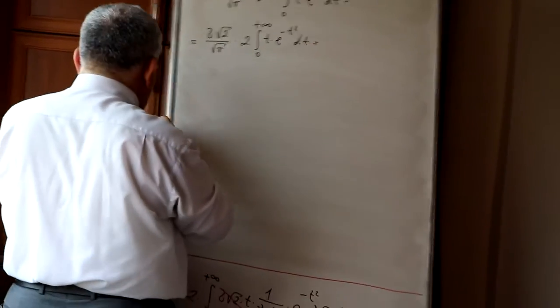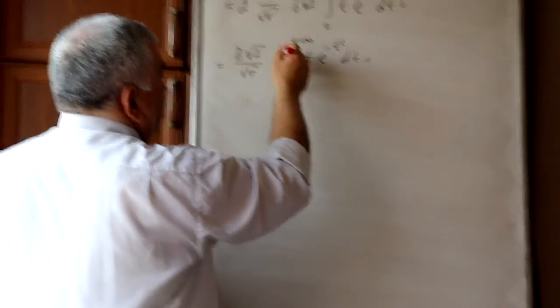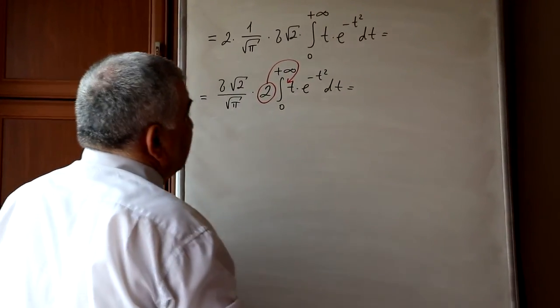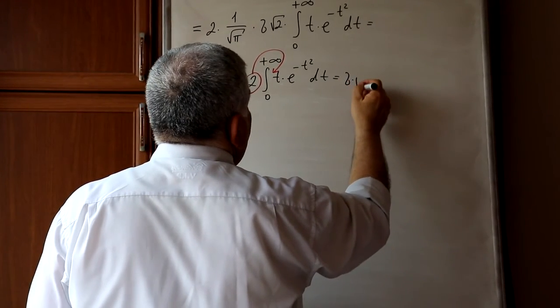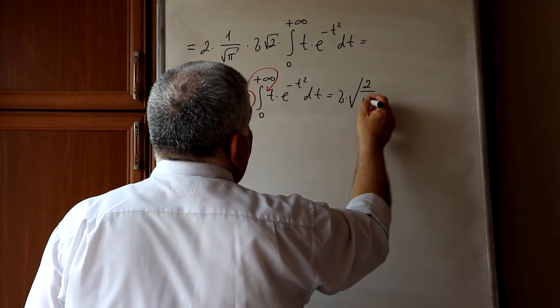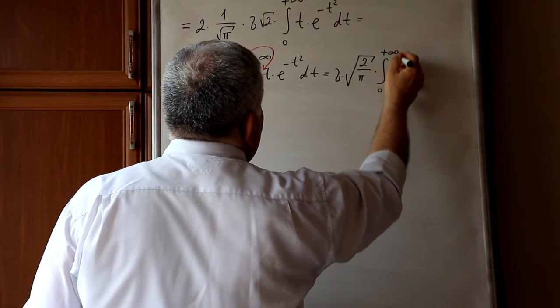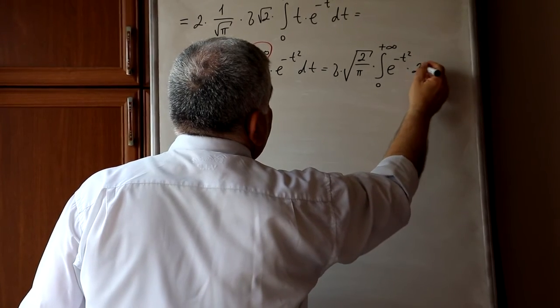Then introduce 2 into the integrand. Then we will have sigma multiplied by square root of 2 over pi, the integral from 0 to plus infinity of e to minus t squared to t dt.